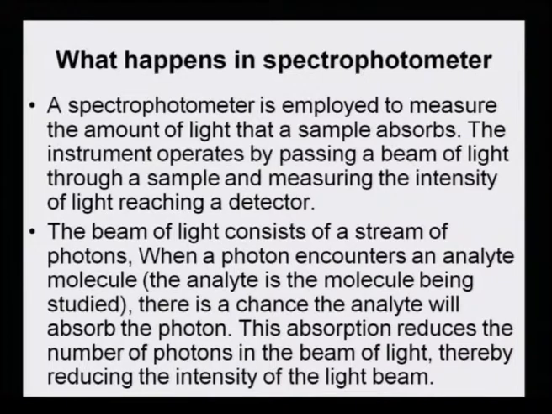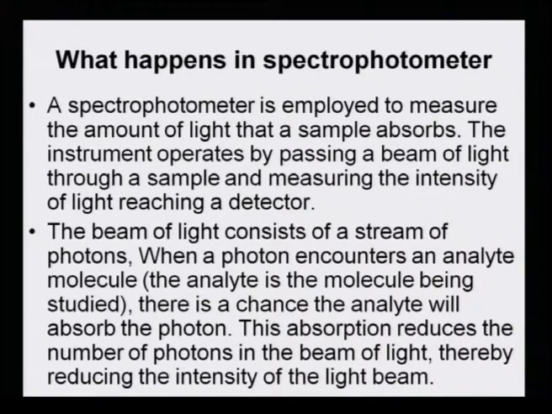We also call it UV visible spectrophotometry because there is a spectrophotometer, a machine which has a relation with electromagnetic radiation, and that is why it is called a UV visible spectrophotometer or UV visible spectrophotometry. What happens in a spectrophotometer?